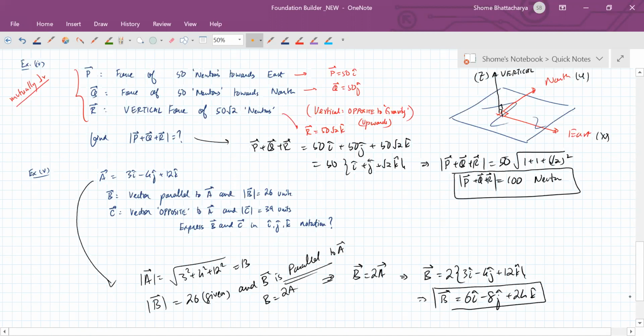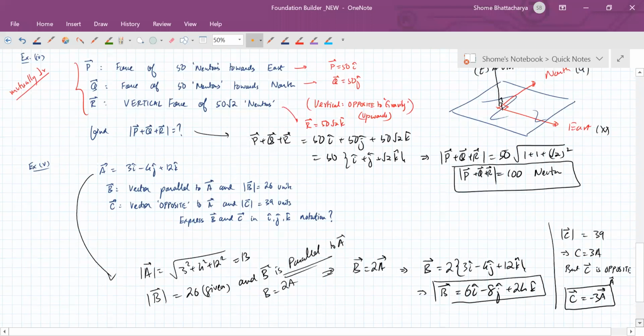On the other hand, the vector C, you can see, has a magnitude of 39. So that means magnitude of C is 3 times A. But direction is opposite. So the moment the direction is opposite, C should be equal to negative of 3 times A. This should be the relationship.